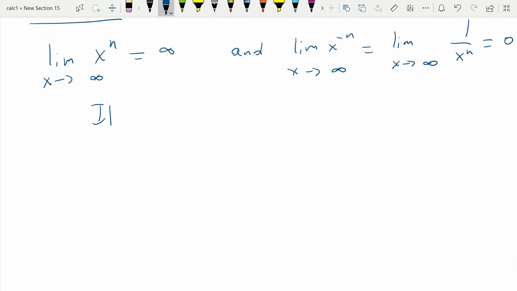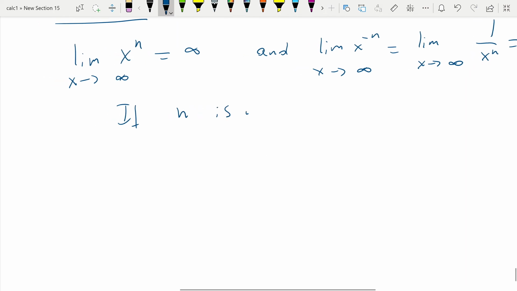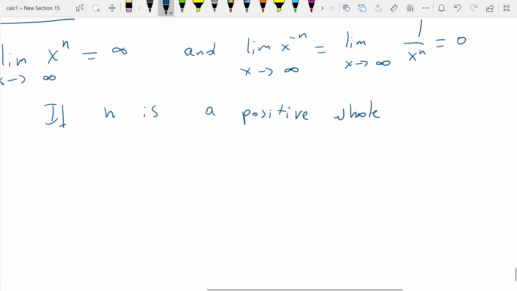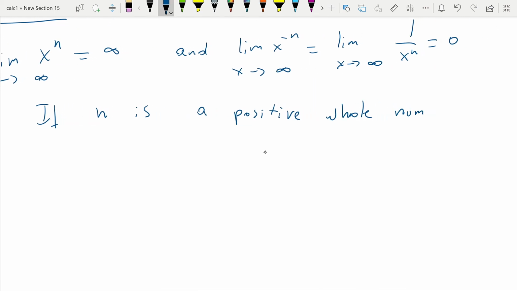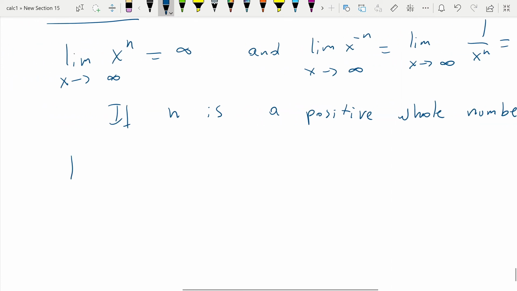Now, if n is a positive whole number, we can also ask ourselves what happens when x goes to the other end of the real line, so x goes to minus infinity.